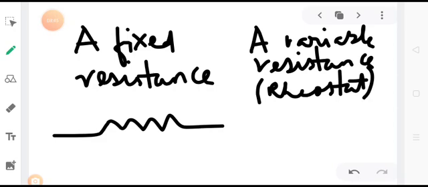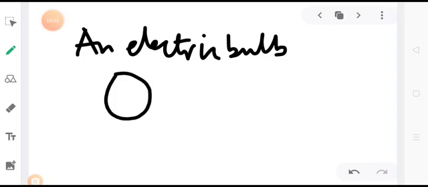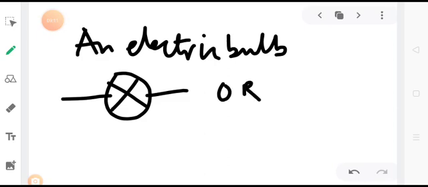Rheostat. An electric bulb. You can draw this, or you can draw this.